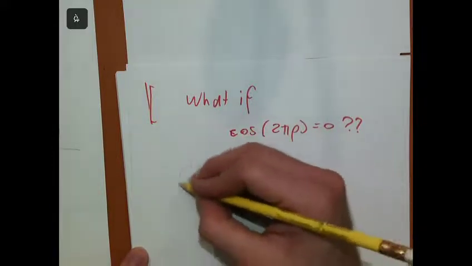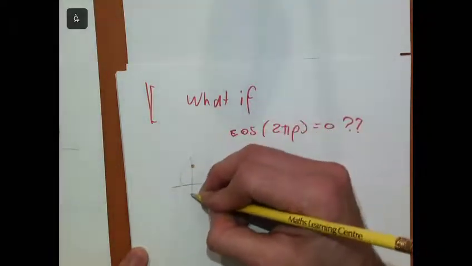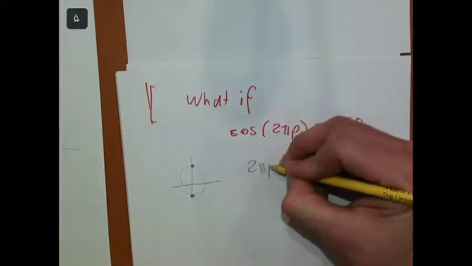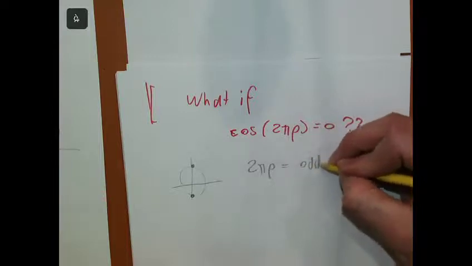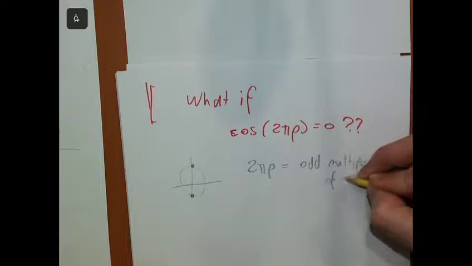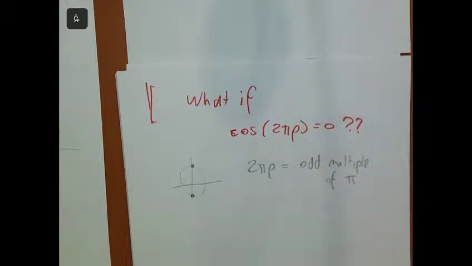And in that case, well, cos is 0 here. And so I'm going to need 2 pi rho to be an odd multiple of pi. Not just n pi, but odd number times pi.